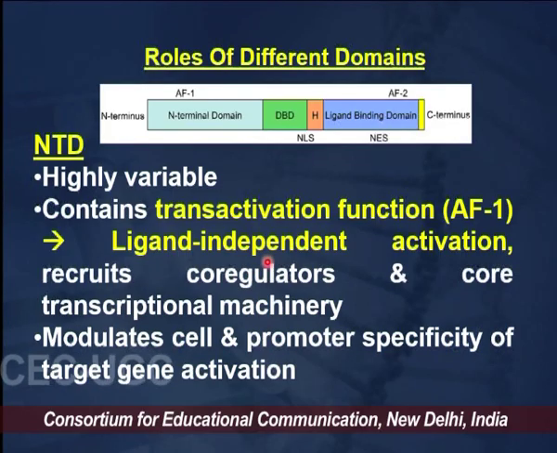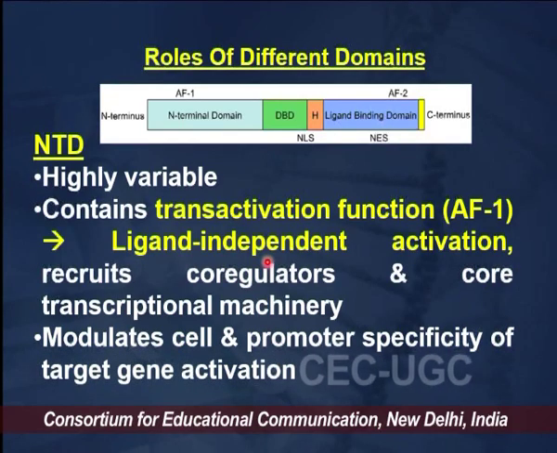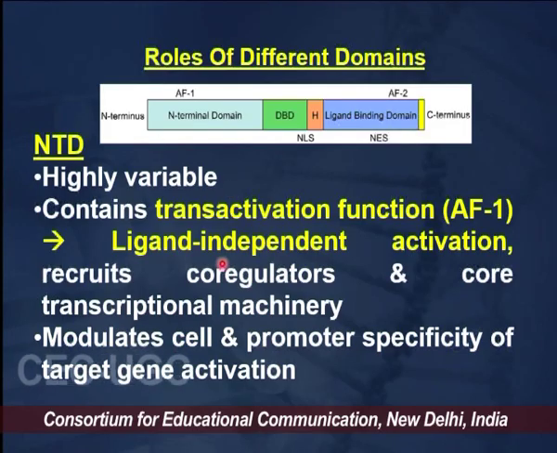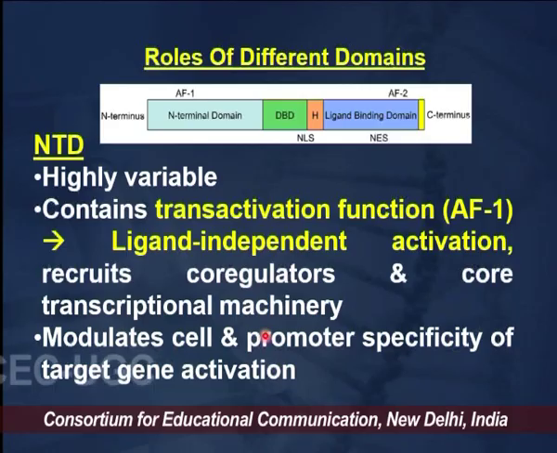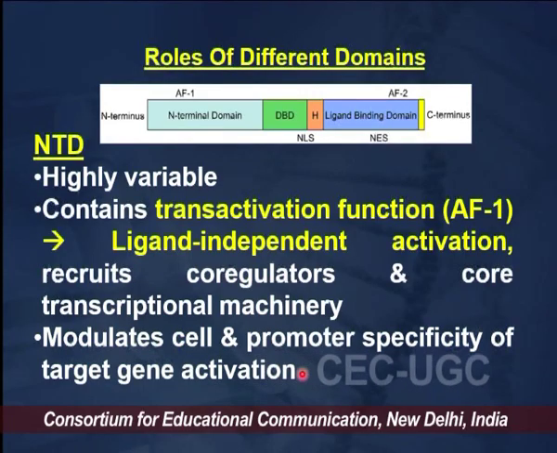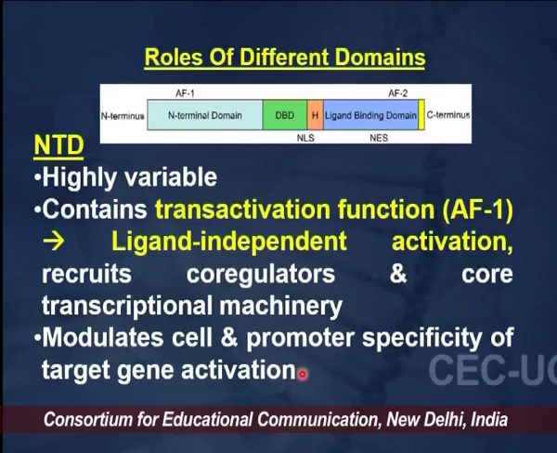Some of the steroid hormone receptors can get activated even in the absence of ligand. It recruits the co-regulators and core transcriptional machinery for the downstream transcription. It also modulates cell and promoter specificity of the target gene activation.